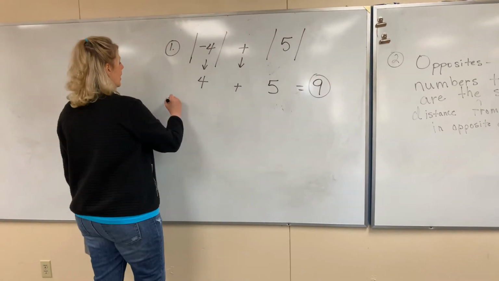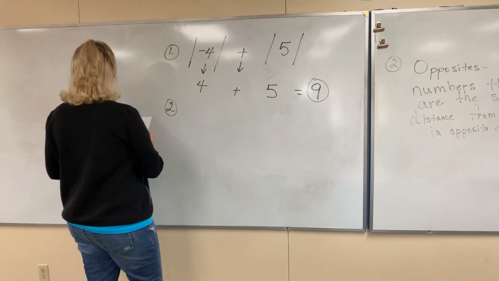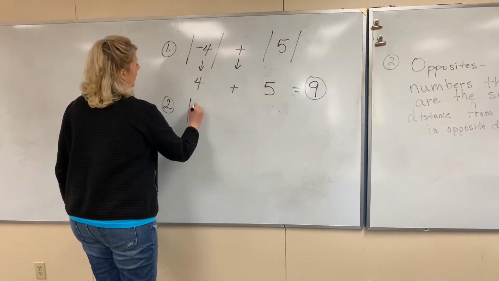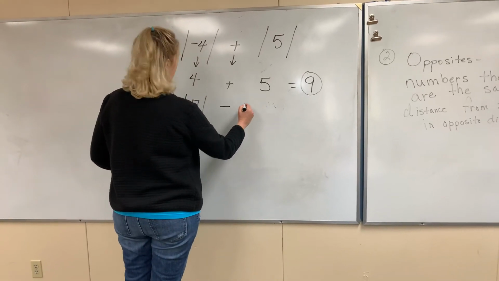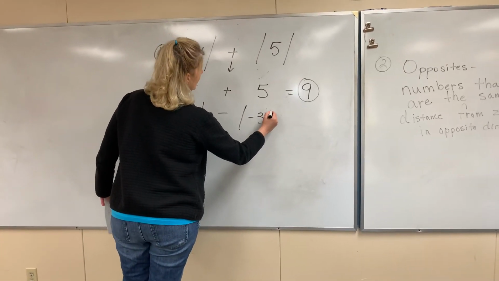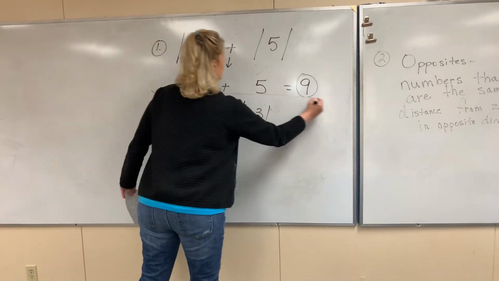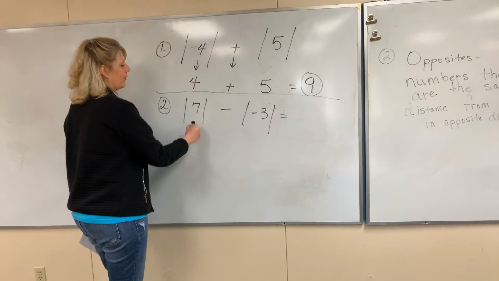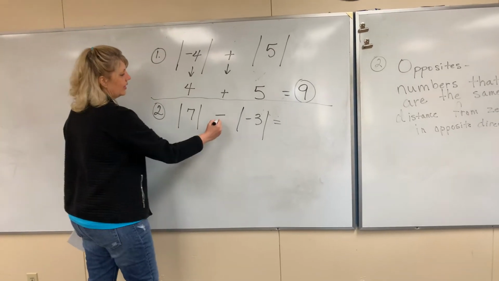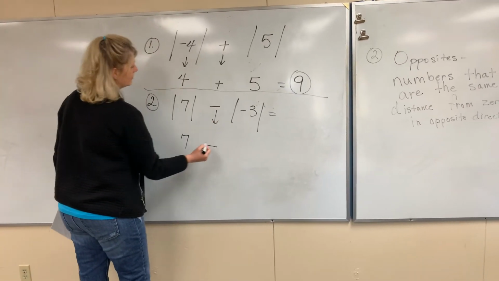Okay, let's do another one. The absolute value of 7 minus the absolute value of -3. Let's look at this one. How many steps are you from 0? 7. Bring down the minus sign, because that stays.